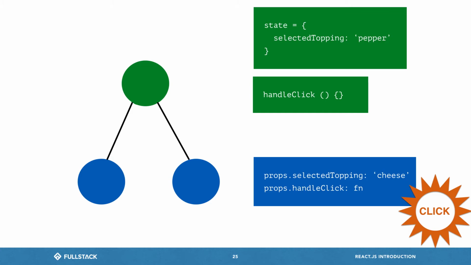When this is clicked, it's bound to our parent component. So the state that's going to change is the state of the parent component. But when the state of the parent component changes, that means the props that are passed down to the children change, right? Because I'm passing down the selected topping. And that means that React sees this.